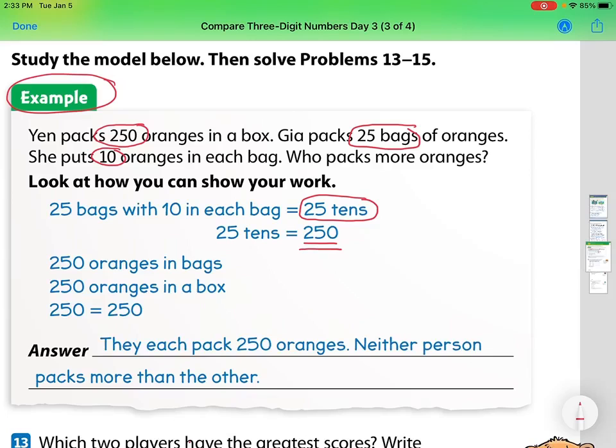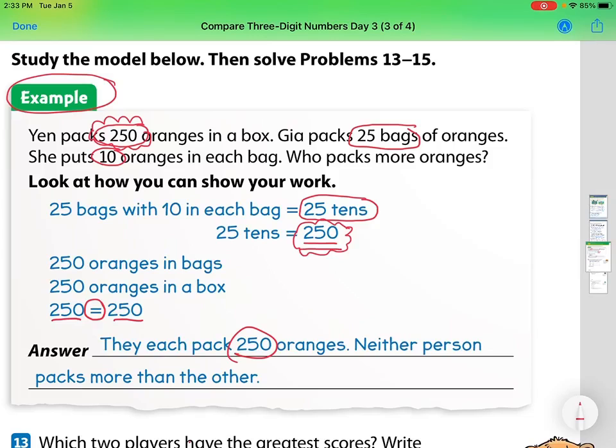So now we're comparing Yen's 250, and Gia also has 250, correct? Yes. So 250 is equal to 250. And the answer is they each pack 250 oranges. Neither person packs more than the other.